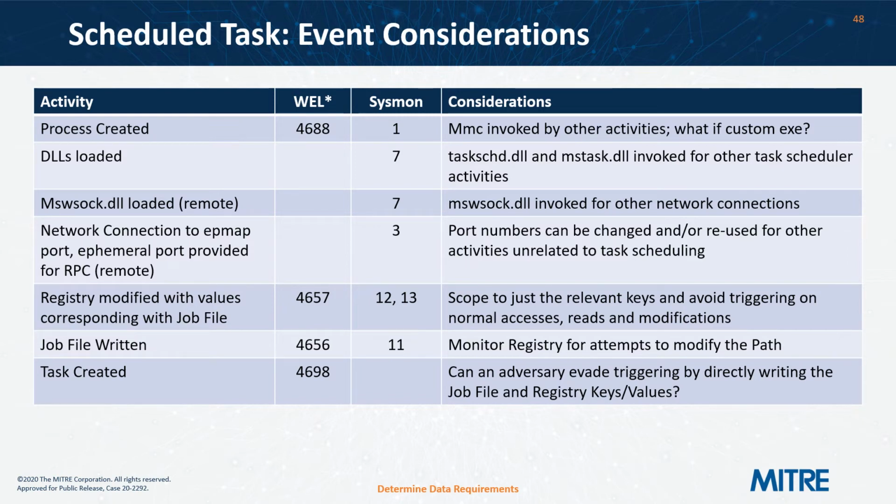What if administrators or the adversary modify the default values for the port numbers or job file location in our network? For event 4698, could an adversary directly write the appropriate job file and set the registry keys directly in such a way that a task is scheduled without triggering that event?